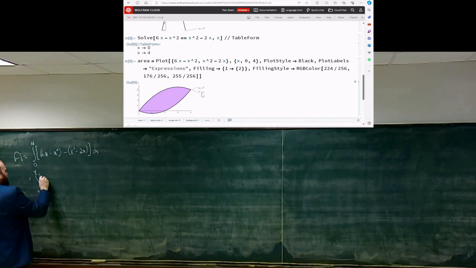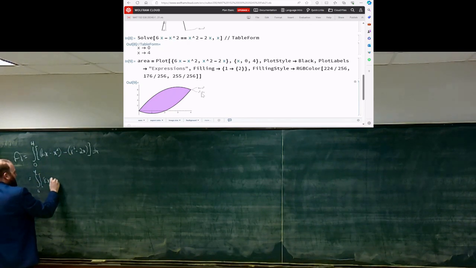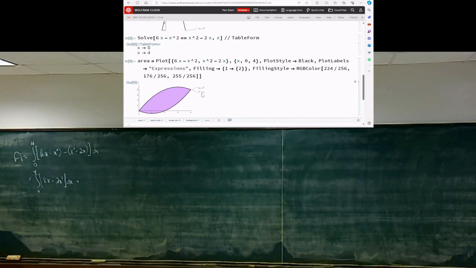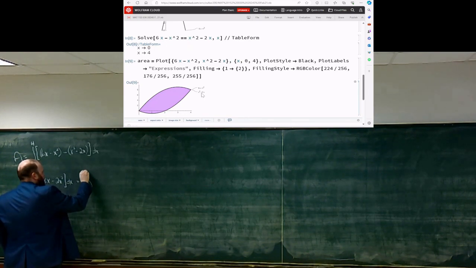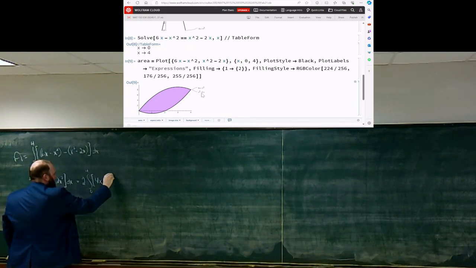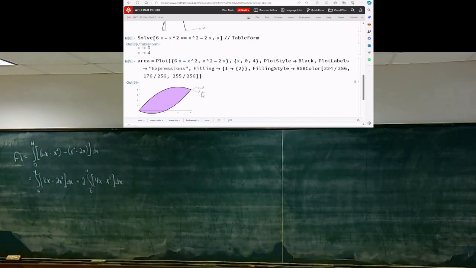6x minus negative 2x. Negative x squared minus x squared. Can factor out the constant that's common too.